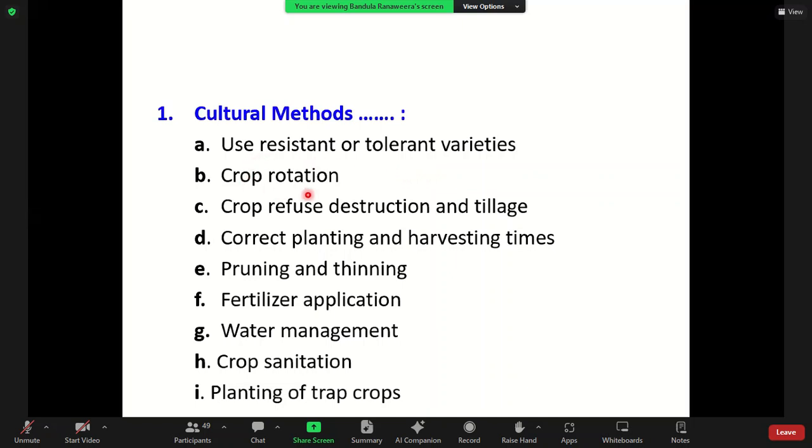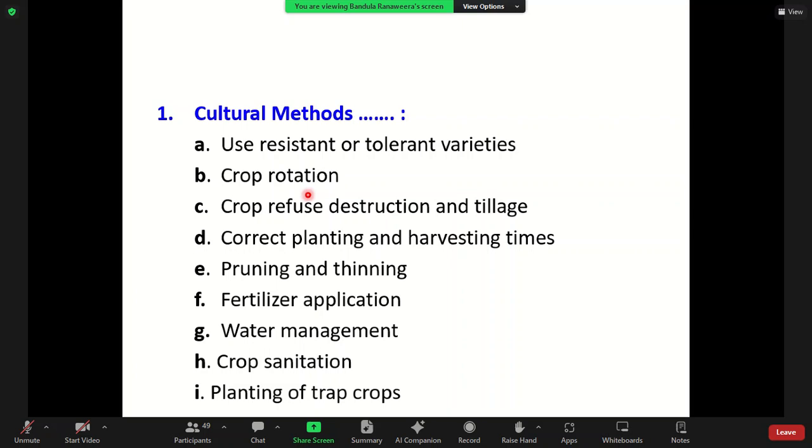Then as a cultural practice, if you remember in our agronomy module, we mentioned crop rotation, change of the crop. I think Amanda Madam was discussing the cropping systems with you.